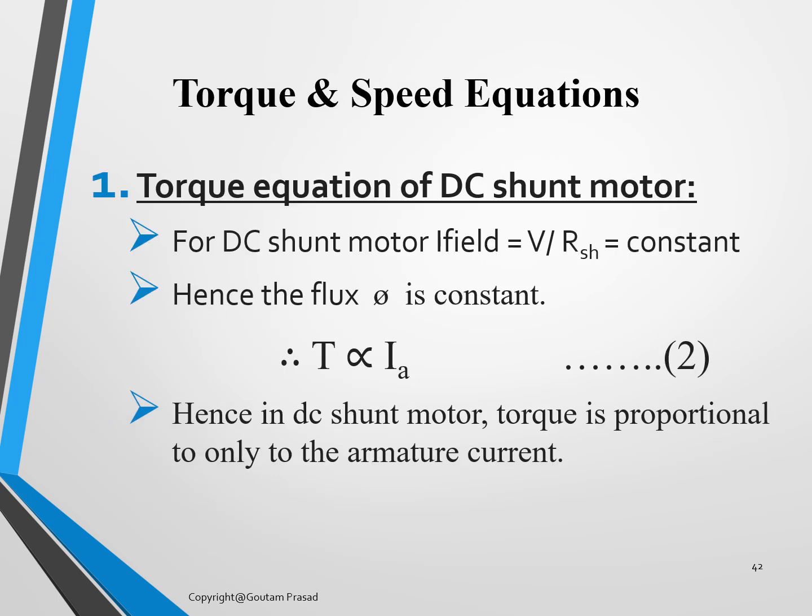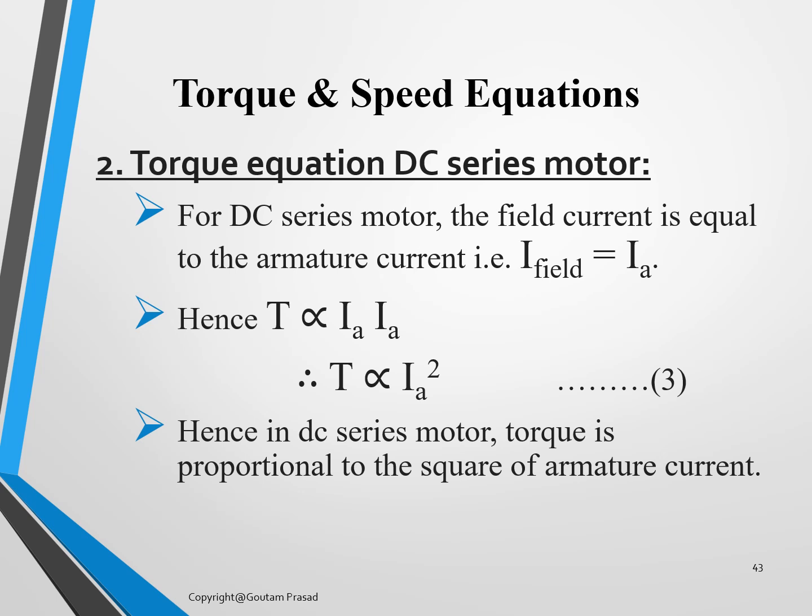So here in the case of the shunt motor, this phi is basically constant. So we can say torque is directly proportional to armature current, and hence the torque is proportional to the armature current only.